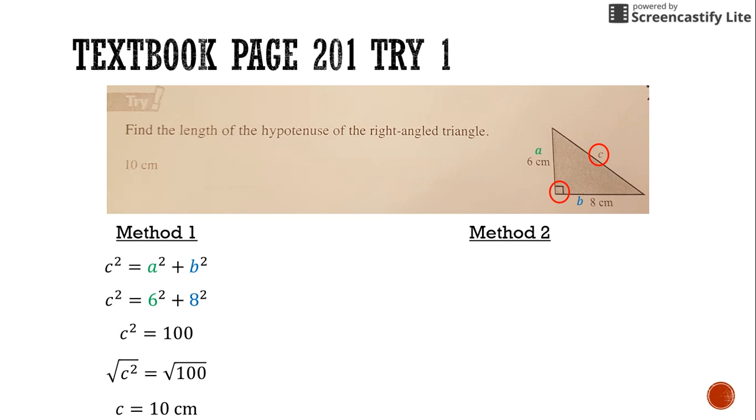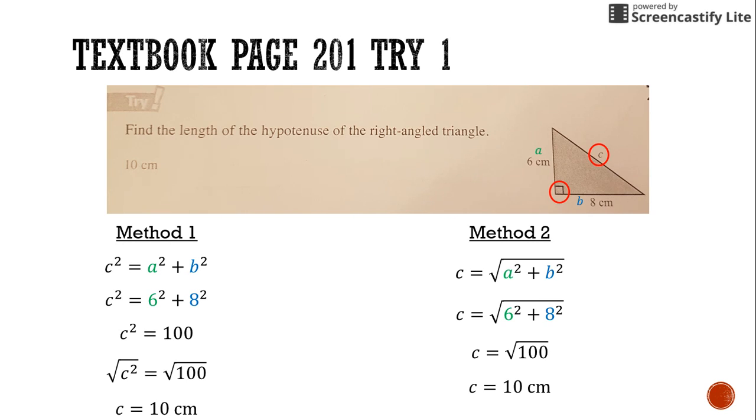Now method 2 is using the second cheat code which I showed earlier, which is c is equal to the square root of a squared plus b squared. Again, we immediately substitute the values of a and b. So it's the square root of 6 squared plus 8 squared, which again equals the square root of 100, and c is equal to 10 cm.